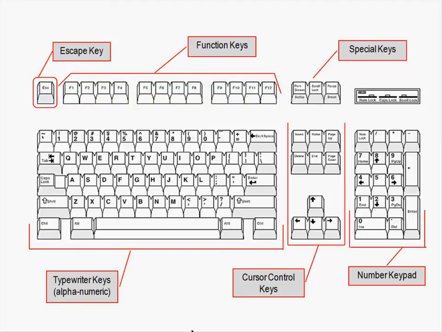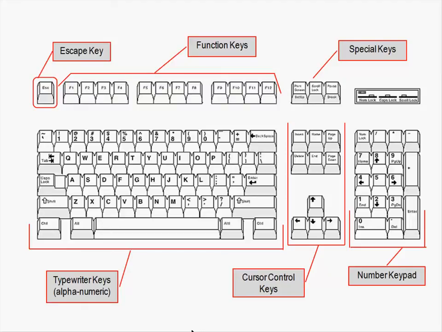Let's get back to the main keyboard, the QWERTY keyboard. There's numbers along the top, and above those numbers are individual characters like an at sign, a number sign, a dollar sign.